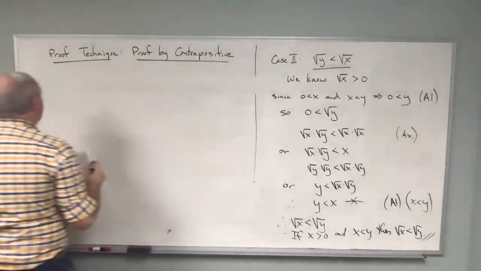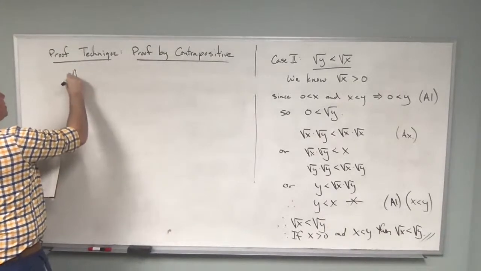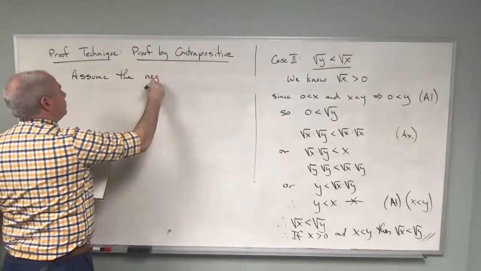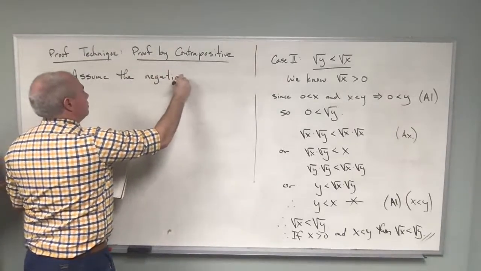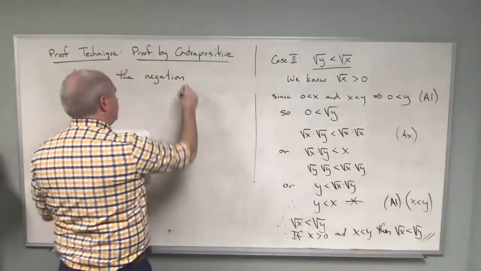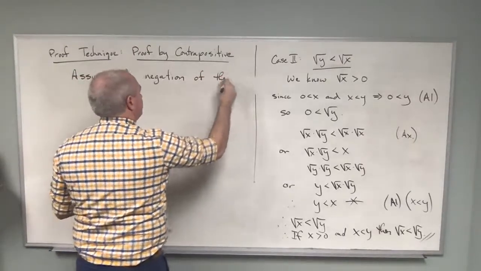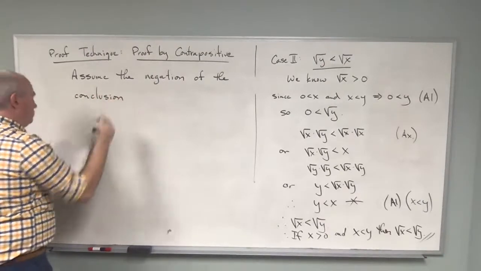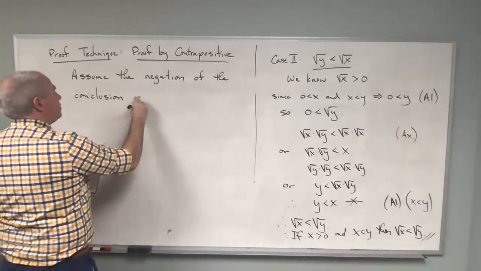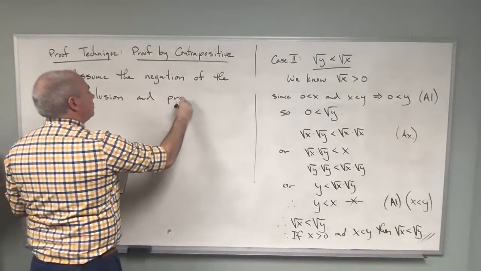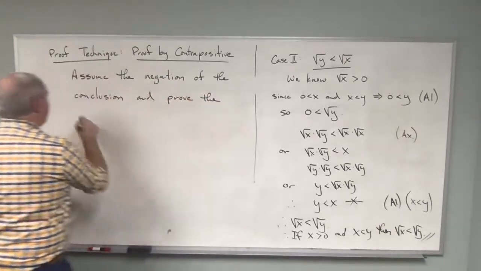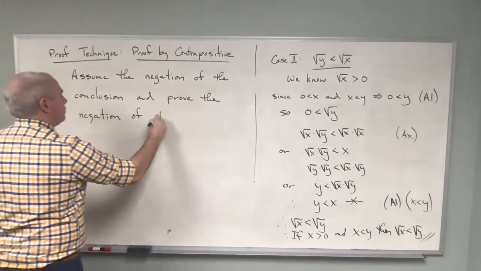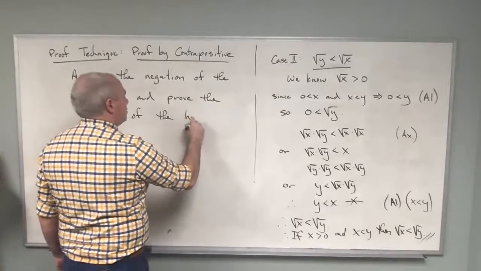Okay, so in a proof by contrapositive, you assume the negation of the conclusion and prove the negation of the hypothesis.